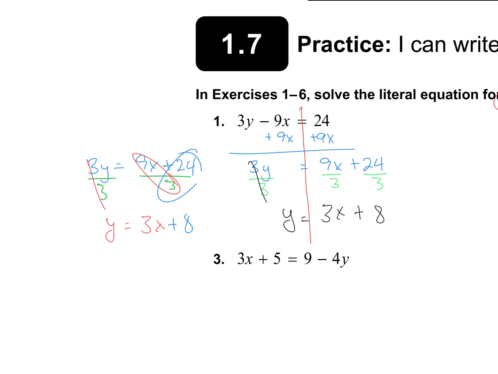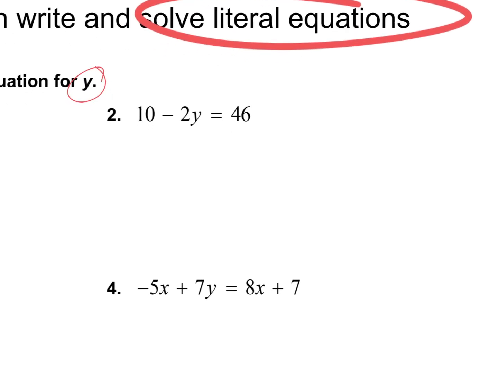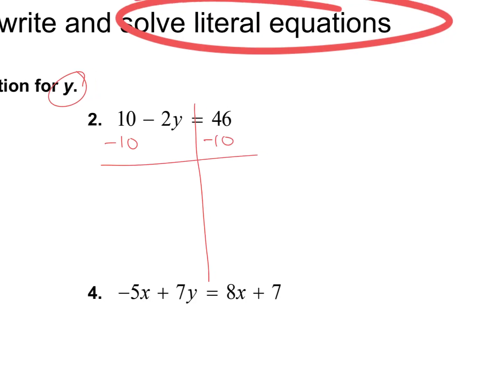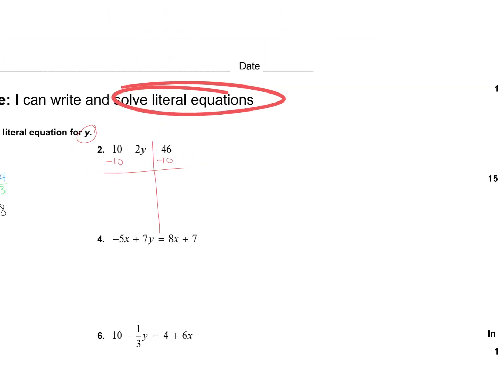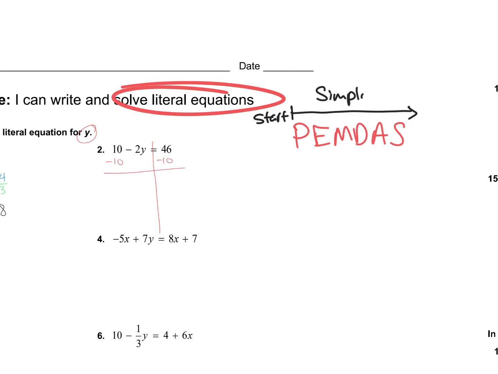Let's jump over to number 2, and I'll explain why I recommend you subtract 10 first. I think most of you are agreeing that we should subtract 10 first, but here's why. The order of operations, please excuse my dear Aunt Sally, PEMDAS, says we start here when we are simplifying and we go this direction right here, yeah?